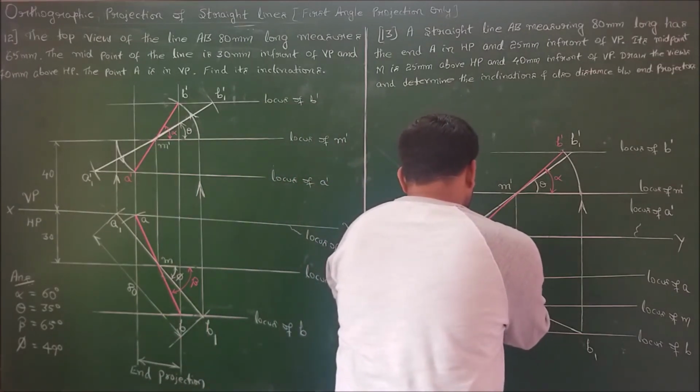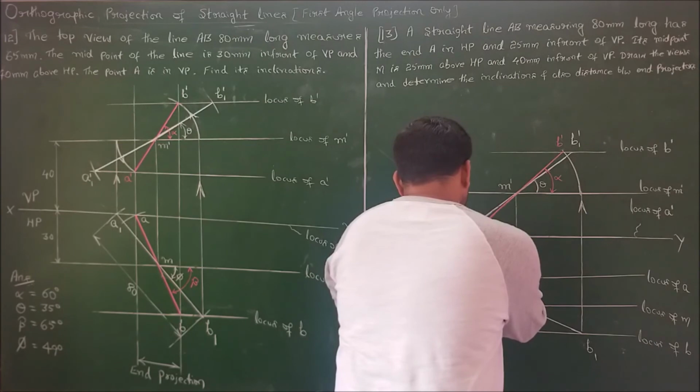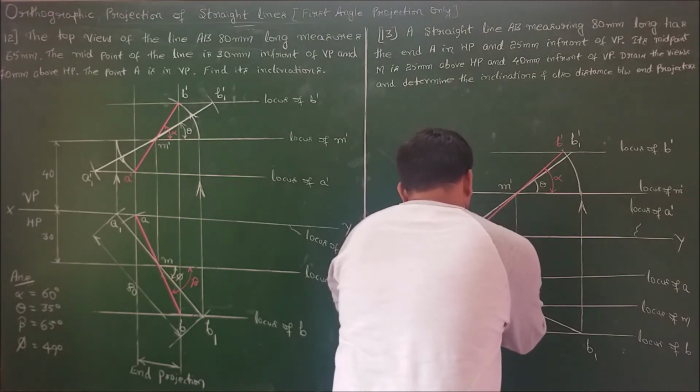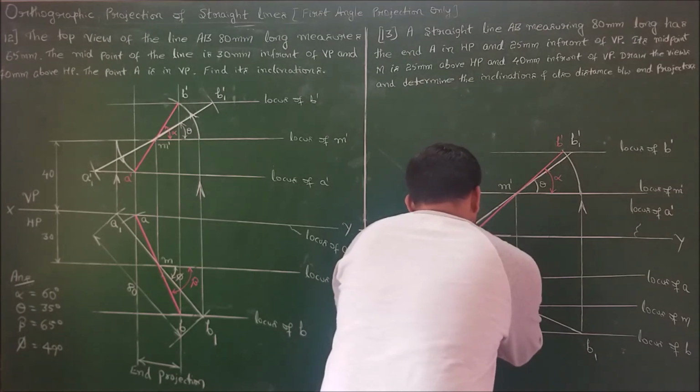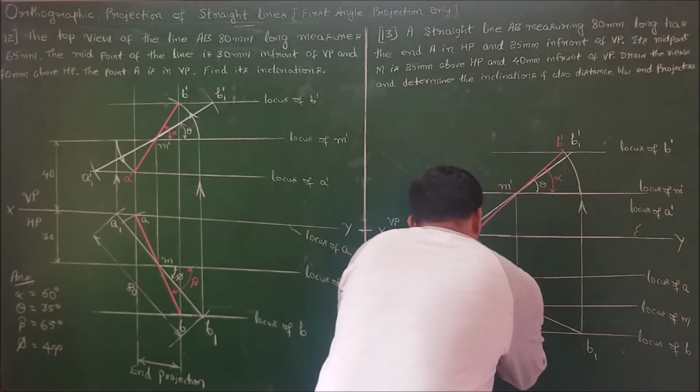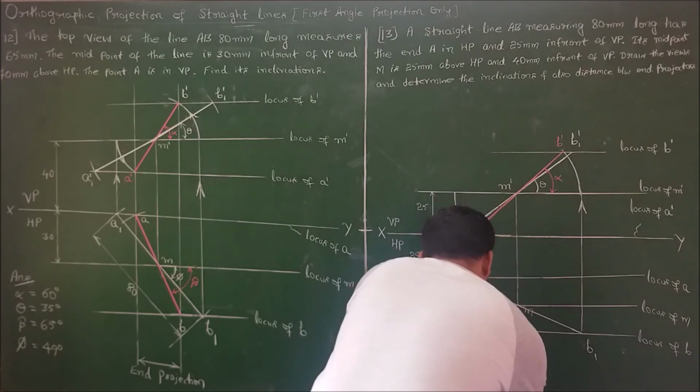So just use the end projector instead of following the same regular procedure, that is dropping perpendicular from the end of true line to the midpoint locus and then rotating, instead of which I will use end projector.